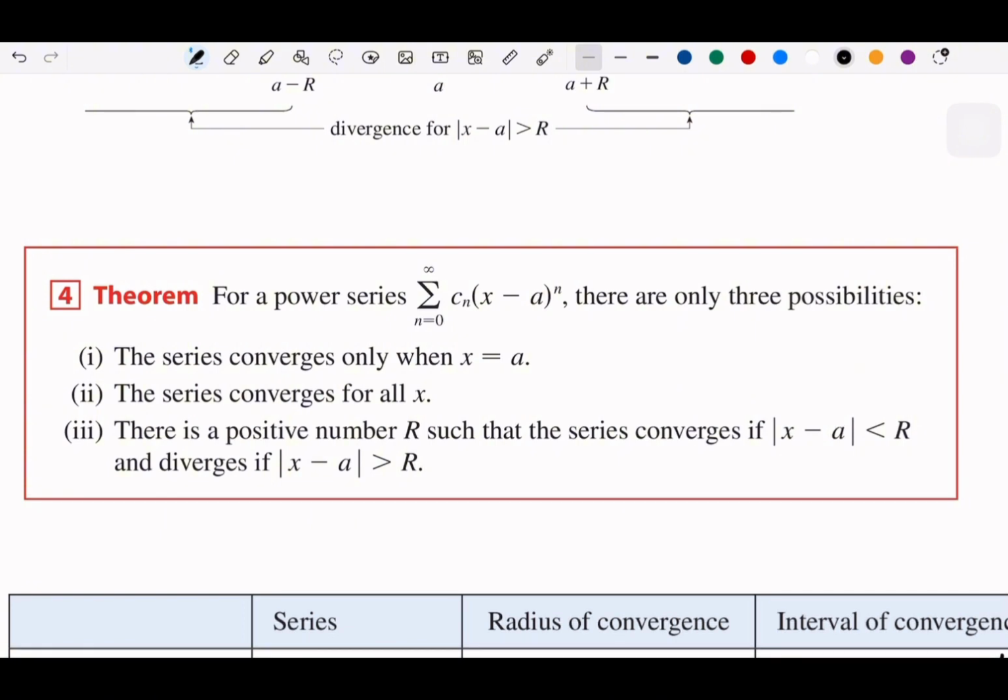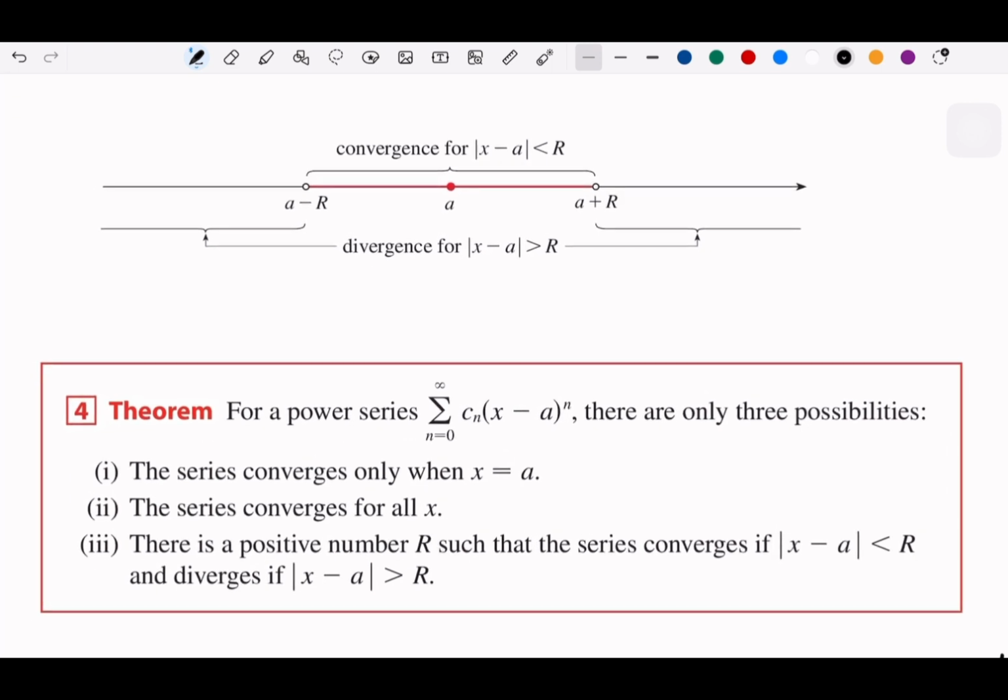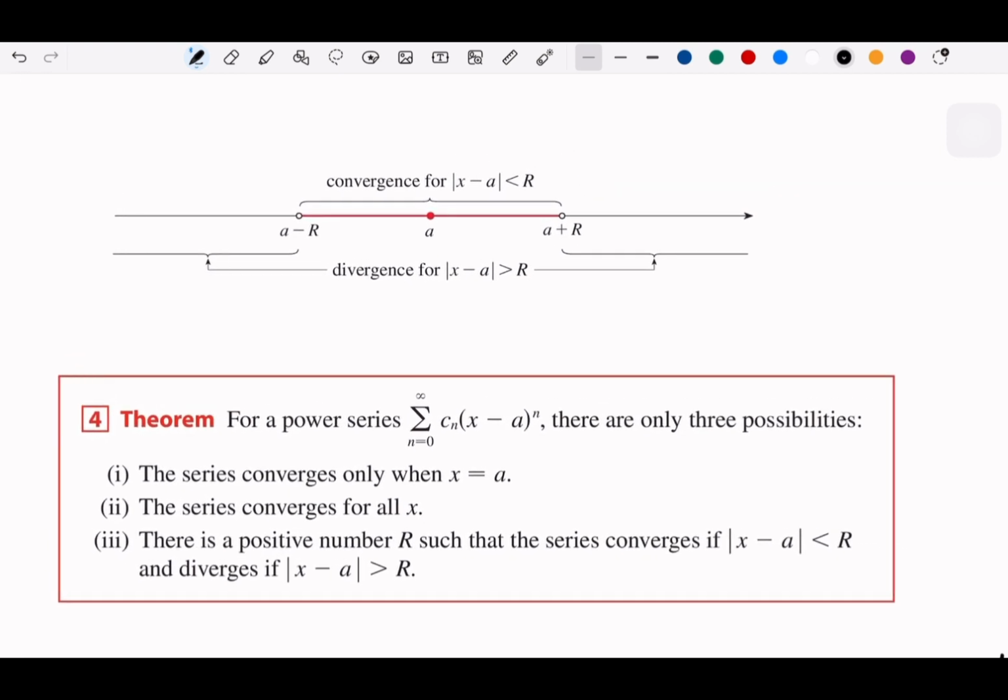What is r? R, by definition here, we call a radius. If we take our series centered at a, which means x minus a, then r is the distance from a.